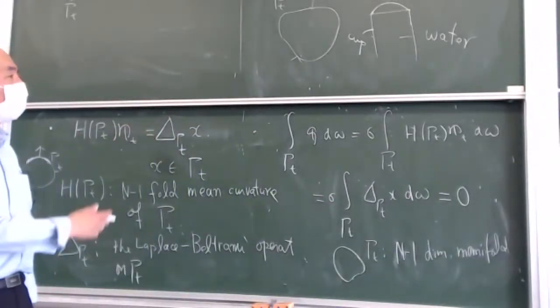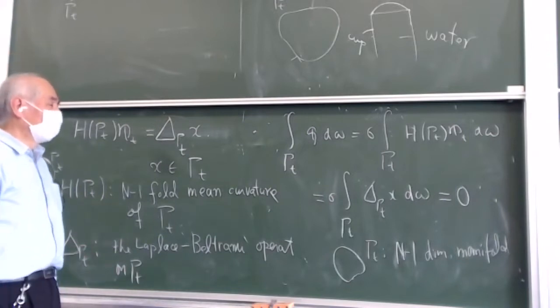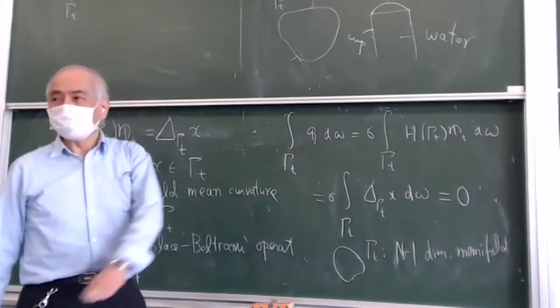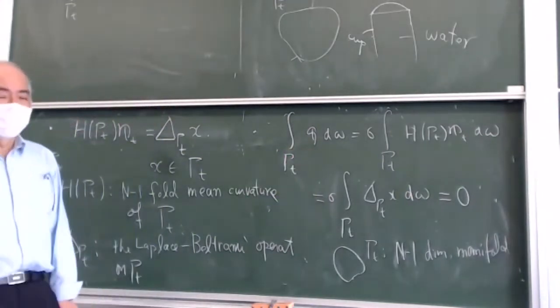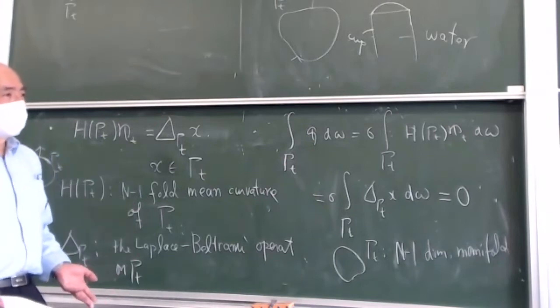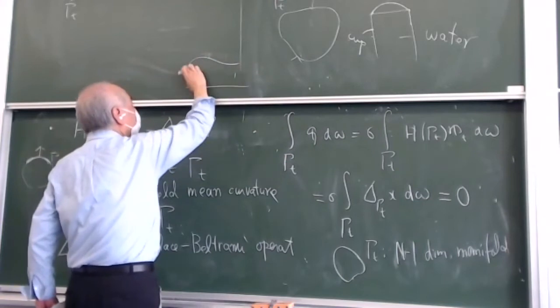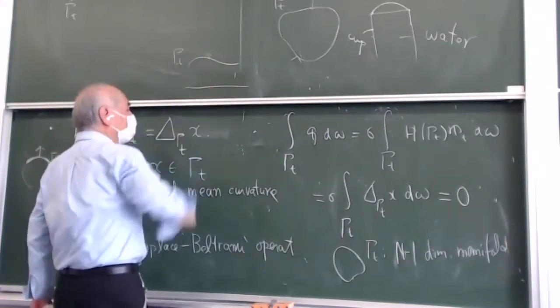I don't know other examples, but the surface tension is mathematically very important. Okay, so the free boundary problem. You consider the fluid, and here gamma t is a free surface.